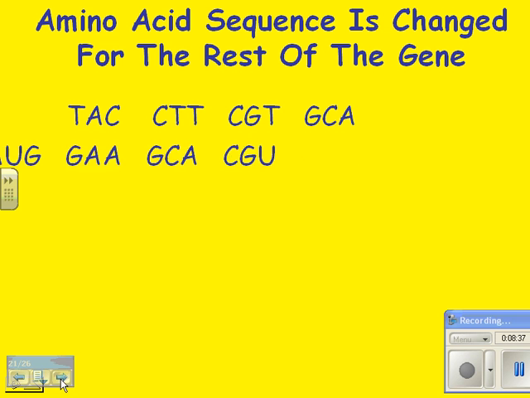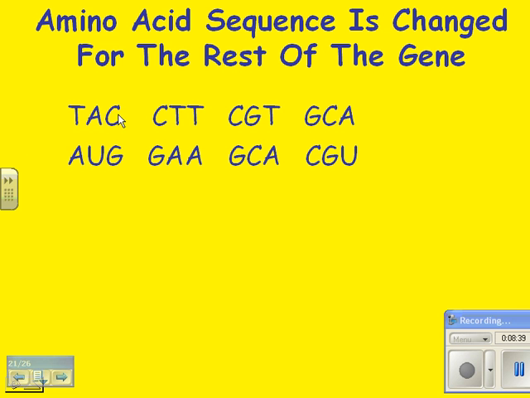So here's an example. Here's DNA, TAC, CTT, etc. Here's the DNA. Here's the RNA. So T is complementary to A to U, C to G, etc. And if you get your handy-dandy chart out, you can see the amino acids that are coded for by this, and here they are.